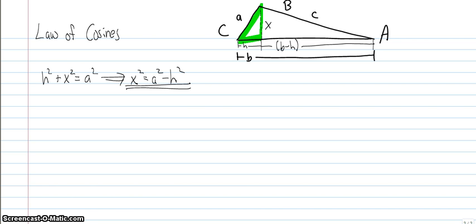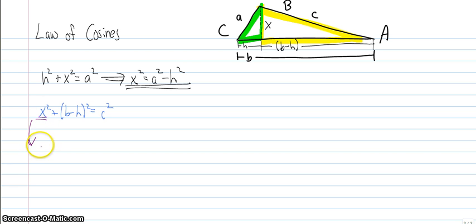If I were to use the right triangle on the right hand side and also the Pythagorean theorem, we could say that x squared plus the quantity b minus h squared is equal to c squared. Now using a substitution here, I'm going to rewrite this equation. Since x squared is equal to a squared minus h squared, I'm going to plug that in.